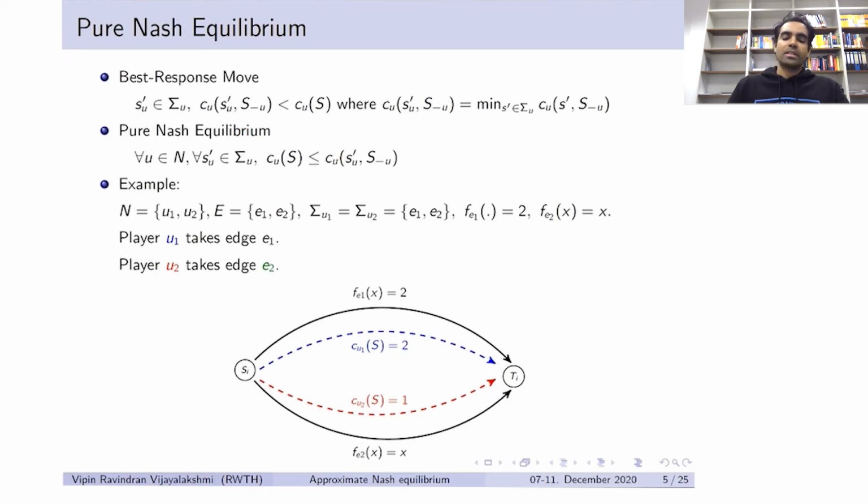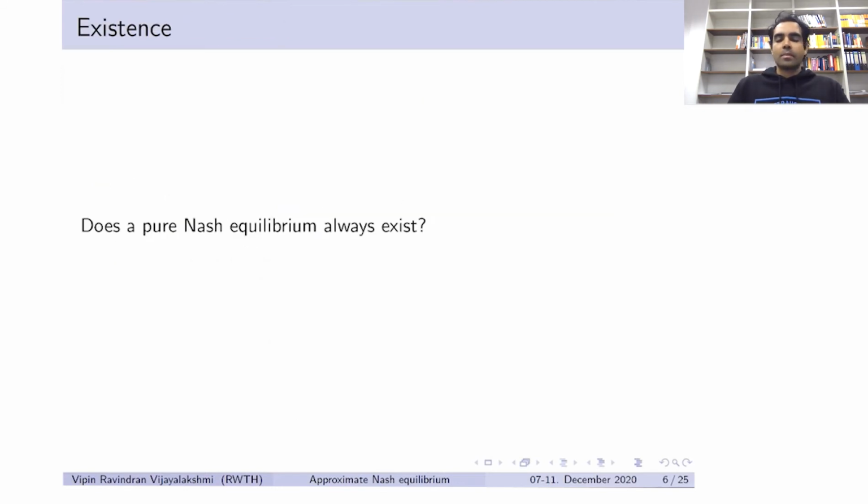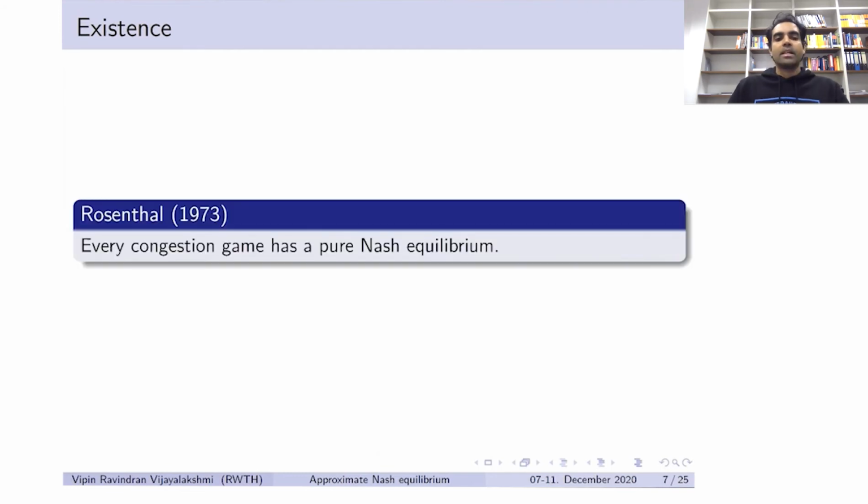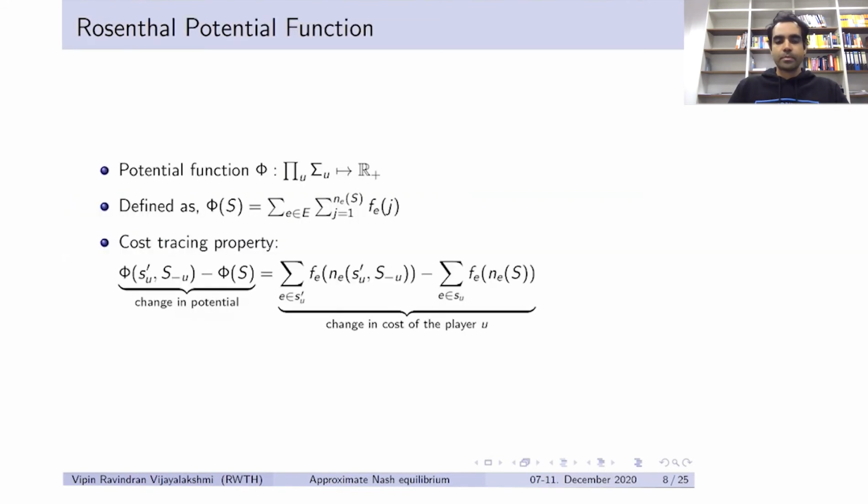So now that we have shown that this game has an equilibrium, the question that arises is: does every congestion game have a pure Nash equilibrium? That is, does a pure Nash equilibrium always exist? Rosenthal showed that every congestion game has a pure Nash equilibrium. He showed this using a potential argument, and we call this potential function the Rosenthal potential function.